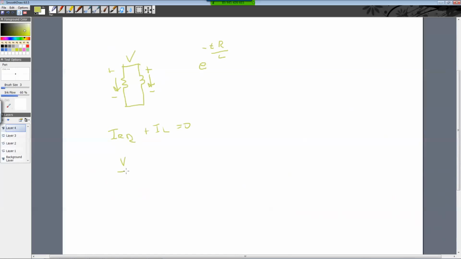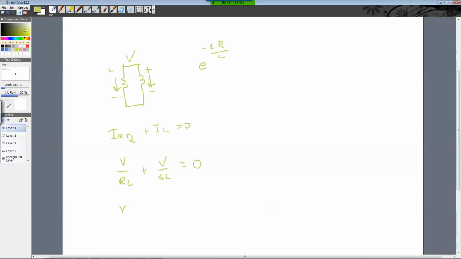So V divided by R2 plus V divided by sL, because we're doing it in impedance now, right? And that means we've kind of taken the Laplace transform, all right, equals 0. So we've got to find out where s equals 0 will actually tell us what the time constant will be.